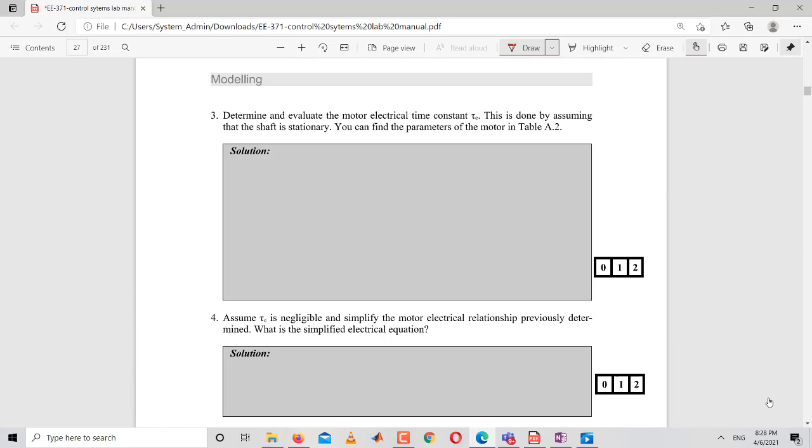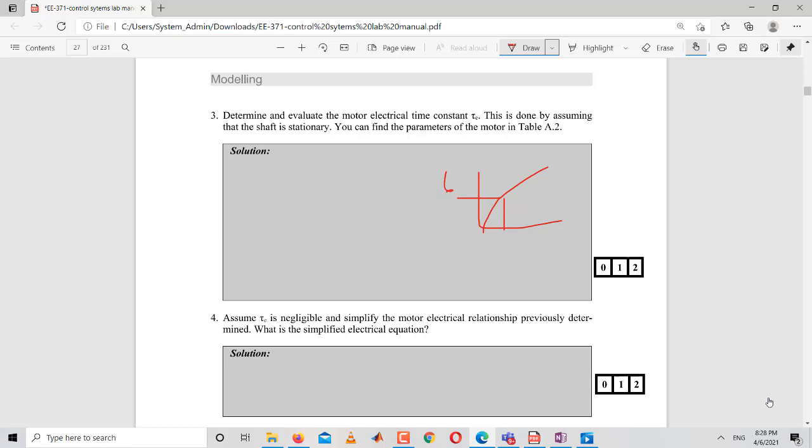Okay, in this third question, we have to determine and evaluate the motor electrical time constant tau e. So if we draw the curve of the torque generated, the charging curve for the inductor, we calculate this value tau e at 63% of the maximum value.